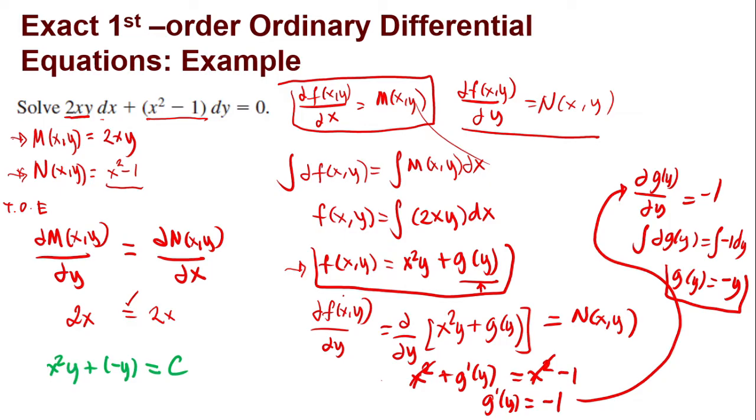Finalizing this, our implicit solution is x squared y minus y equals c. This is our implicit solution for the first order exact differential equation 2xy dx plus (x squared minus 1) dy.